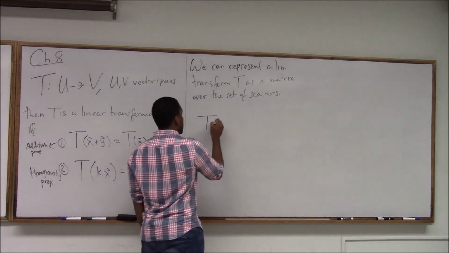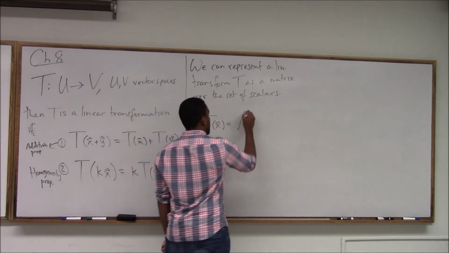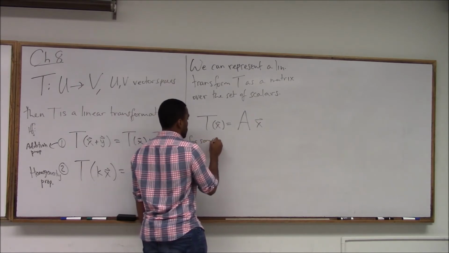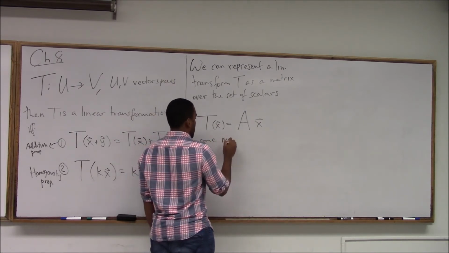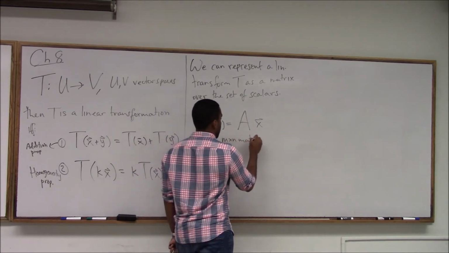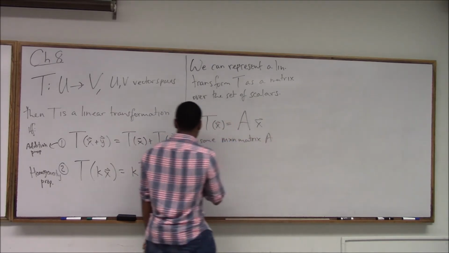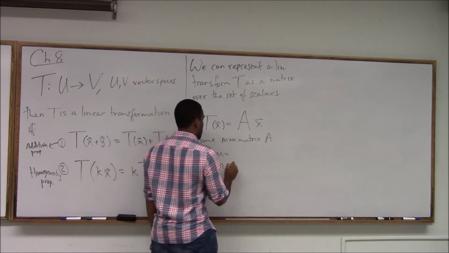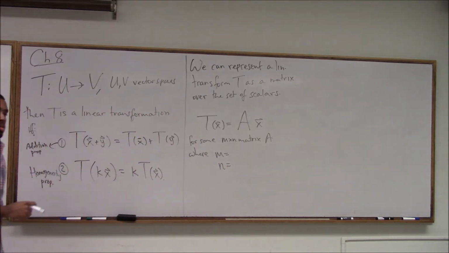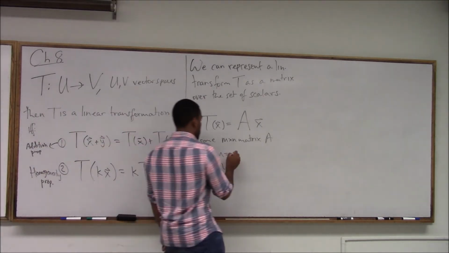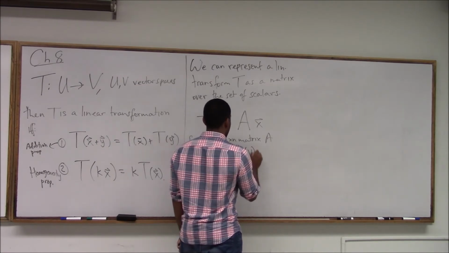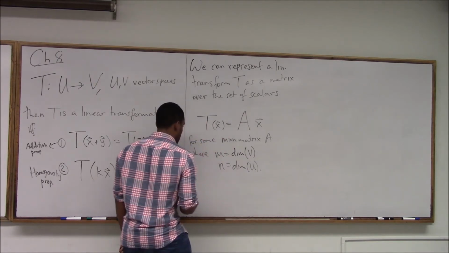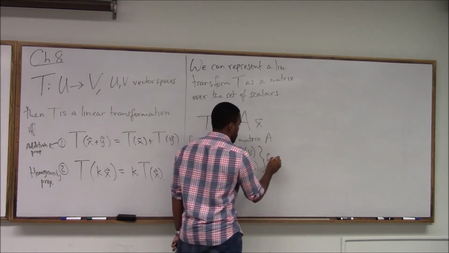So T of x can be interpreted as A times x for some m by n matrix A, where m is the number of rows, the dimension of your output space V, while n is the dimension of U. And these are, of course, finite dimensional.